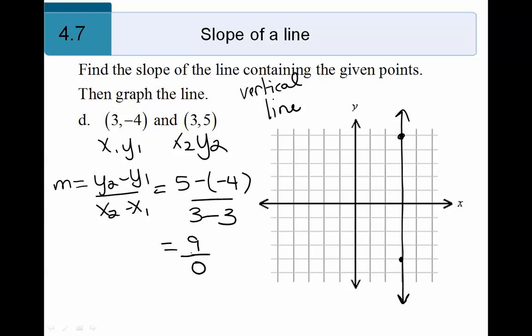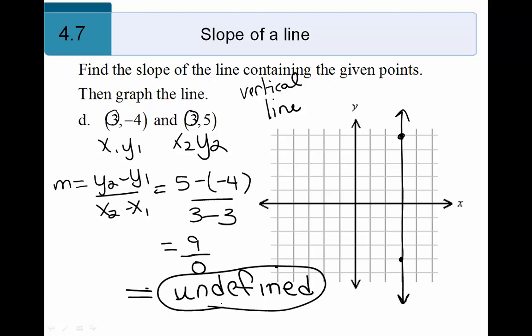And as you may recall, when you have 0 in your denominator, it is undefined. Division by 0 is undefined. So notice in this case when your x's are the same on your 2 points, a vertical line has an undefined slope. Not 0, but undefined.